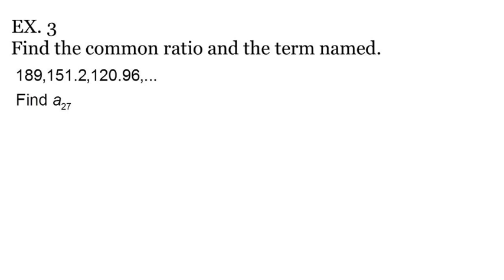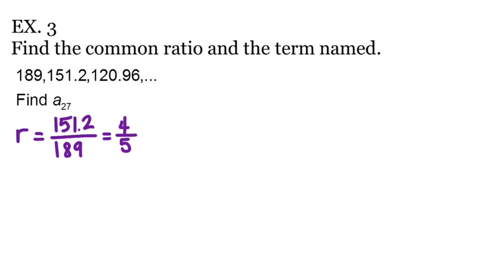Example 3 says to find the common ratio and the term named. So we're going to find out what r is, and then we're supposed to find the 27th term in the sequence. So for my common ratio, I'm going to divide 151.2 by 189. And that reduces to 4/5.